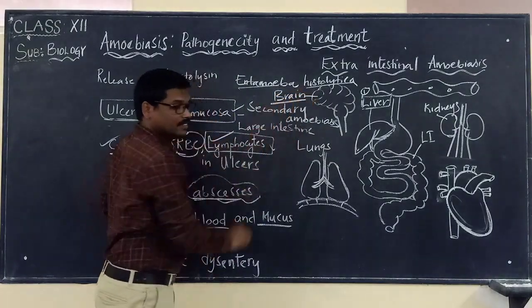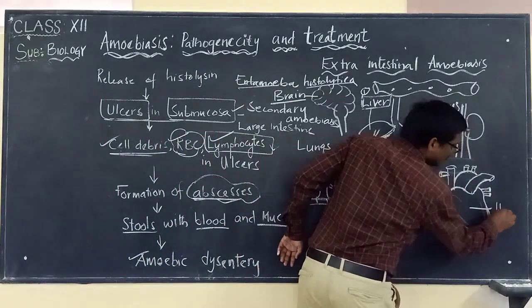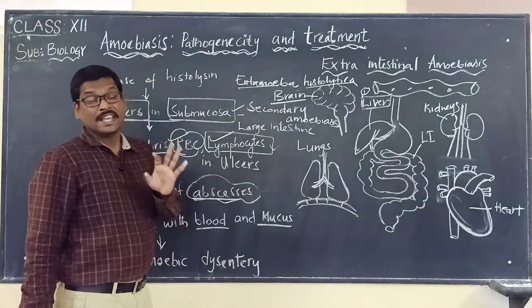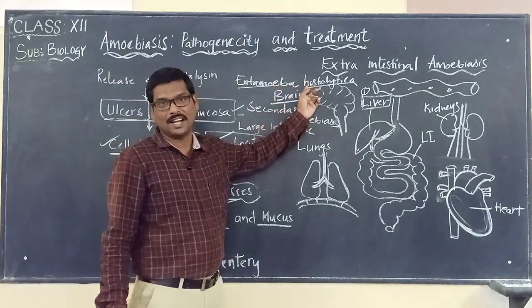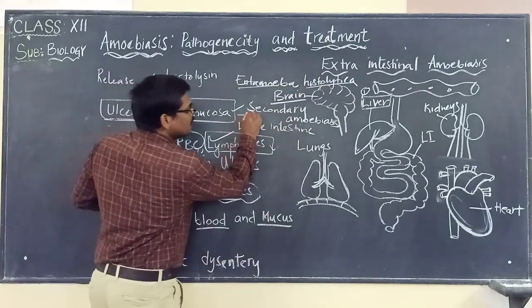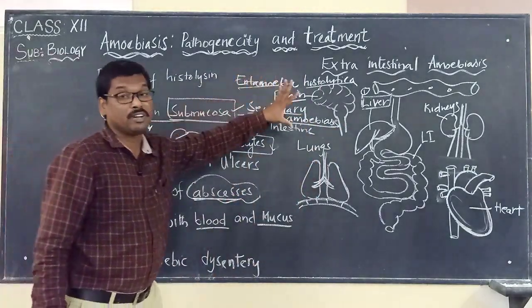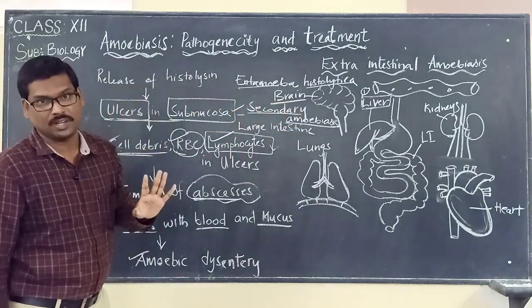The brain, and also the heart. All these important organs in our body can be attacked by the Amoeba histolytica. This we are calling secondary amoebiasis. This will cause severe damage to that particular individual.